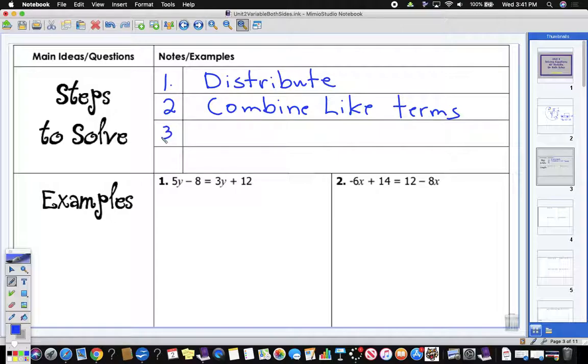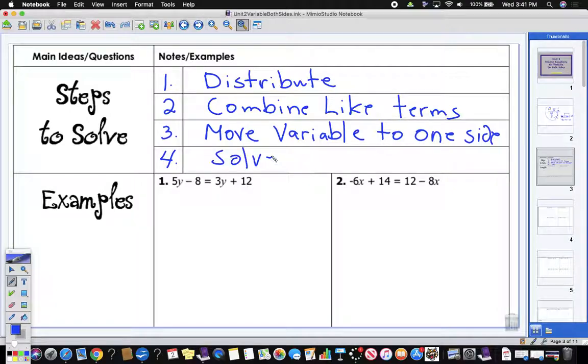Once we've done that, the third step, we move the variables to the same side. And there's a certain phrase I use for this when we do that. And finally, the last step, we solve it. We get the variable by itself.